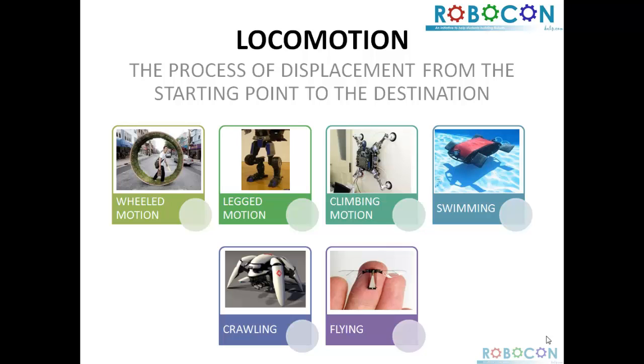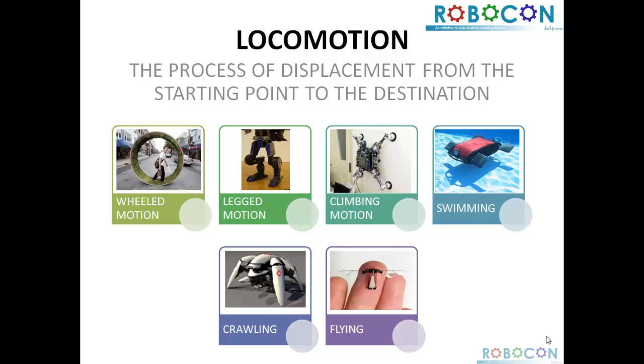And if you have an unstructured environment, you'll have to use a different set of wheels or a different kind of mechanism in your basic robot structure. Or you may also think about replacing the wheels with legged motion.